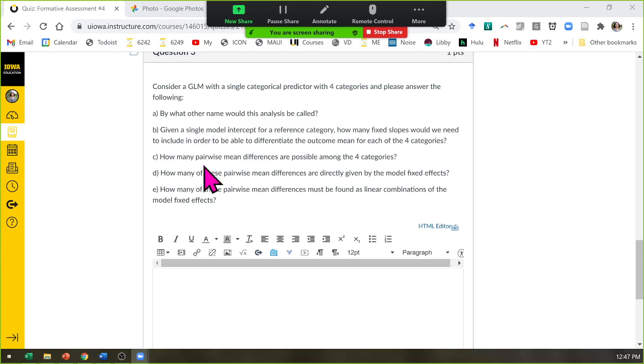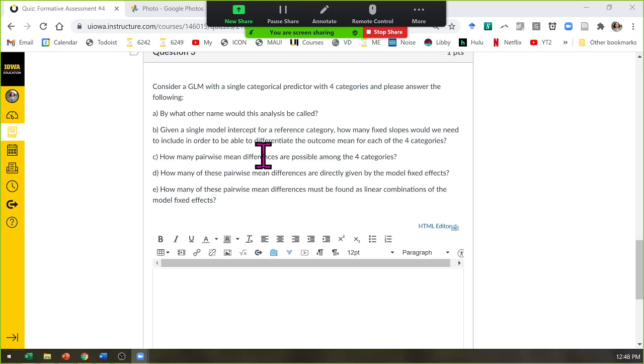The job of a slope is to give me one of the mean differences. In this coding scheme, that's how we've set it up. So each of the 3 slopes that we're going to put in, its job is to get from the reference group to each of the other groups. So that's 3 of the 6 mean differences right there. That means that the other 3 have to be found as linear combinations. So the last 2 answers are 3 and 3.